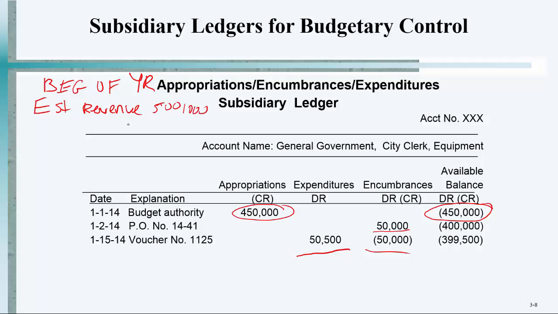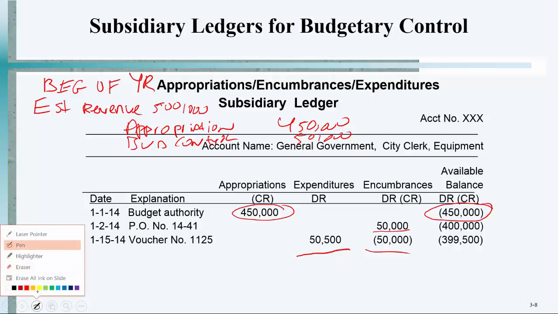We credited appropriation for 450,000, with me so far? We credited budgetary control in that example for 50,000. That's the beginning of the year entry. I'm just repeating what we had seen on that earlier slide, right?